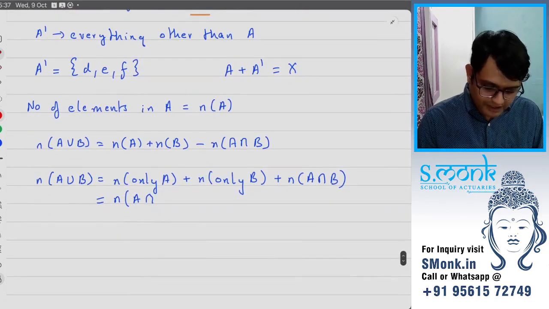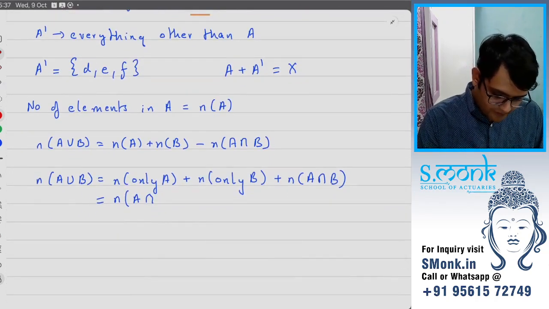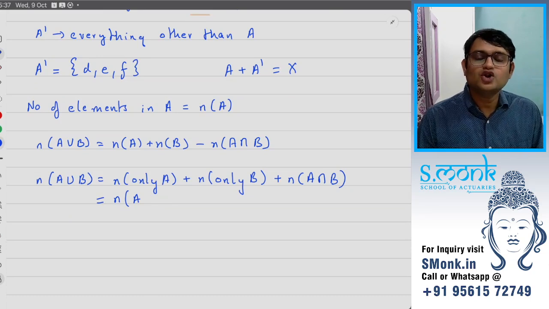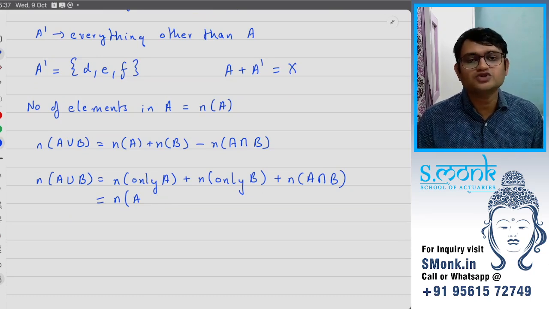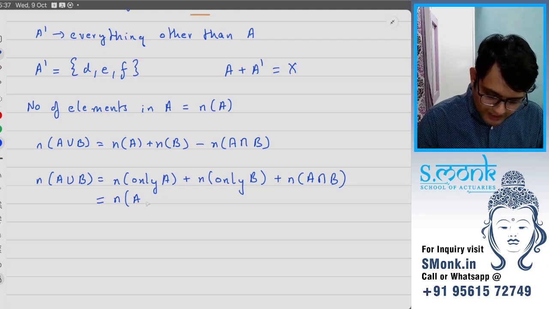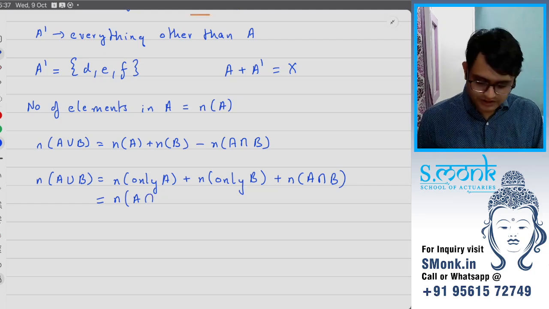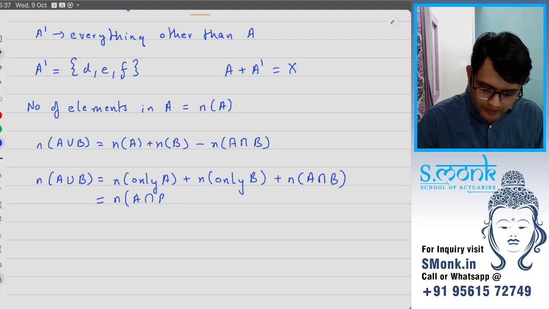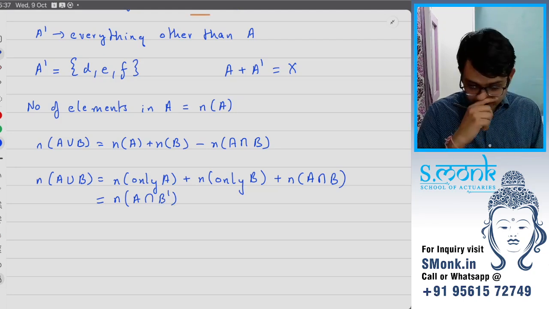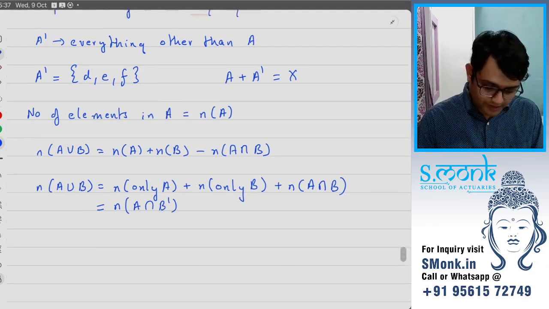So similarly here, when I say only A, I can call this A but not B: any element that is in A but not in B. When I say but, it will be an intersection. Not B will be nothing but a complement, B complement.